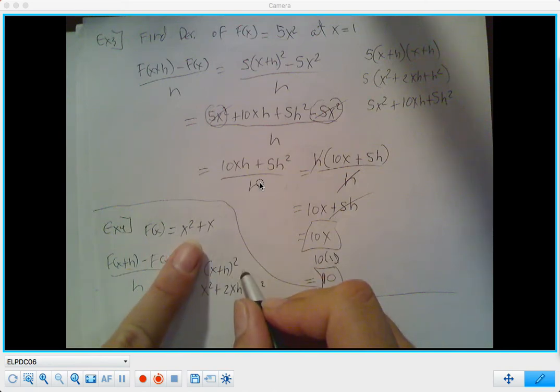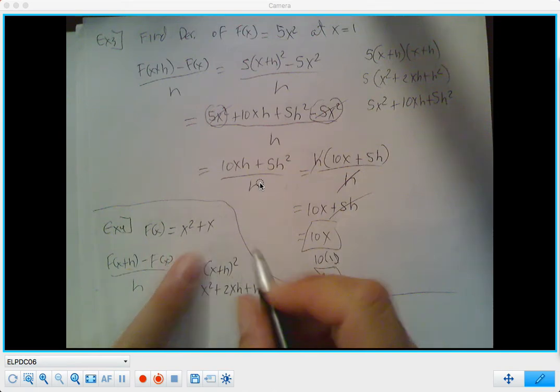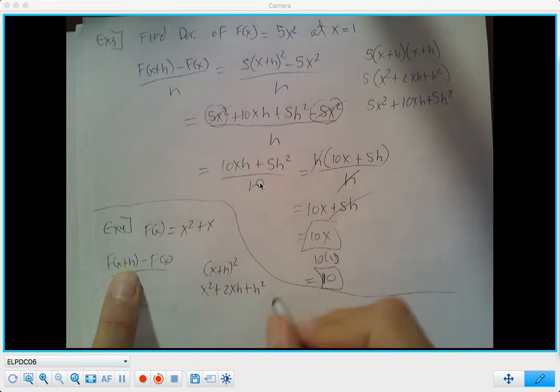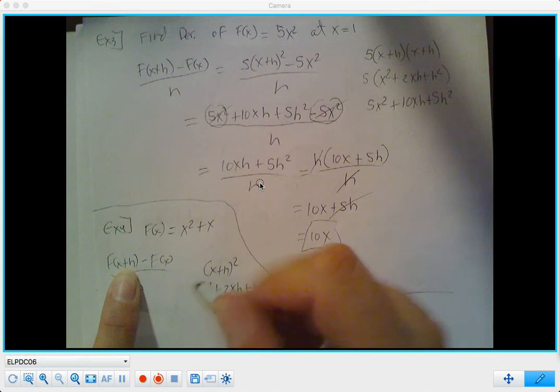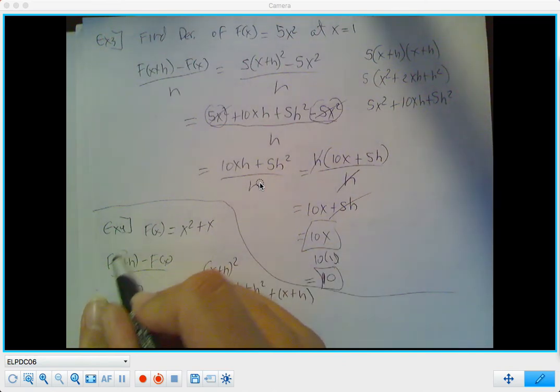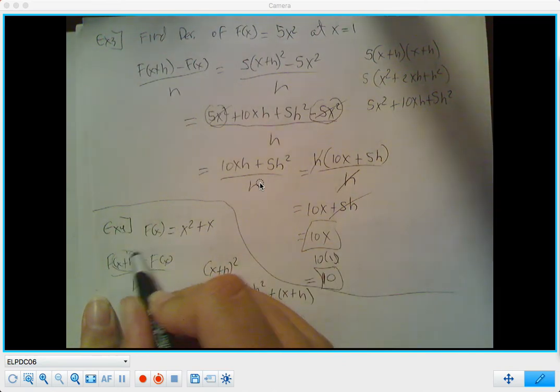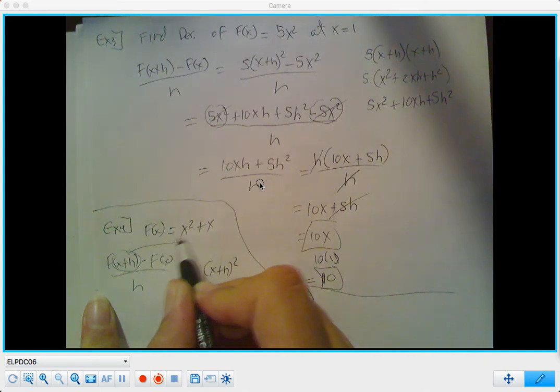And then you would have plus x, so you have to plug in this again. So plus x plus h. Okay? So look, remember they're telling us, you're gonna plug it in wherever you have an x. So you plug it in here, and then you also plug it in here.